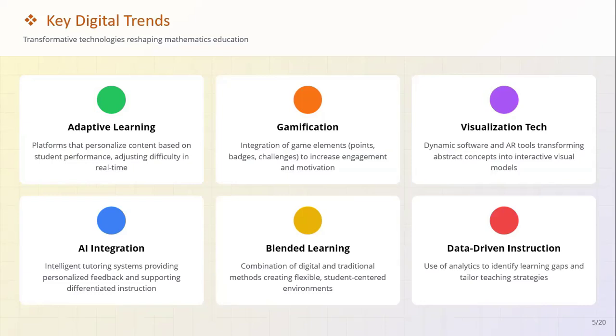It integrates elements such as points or badges to challenge student learning activity. So gamification makes math learning more interactive and enjoyable, and encourages students to stay motivated and engaged.